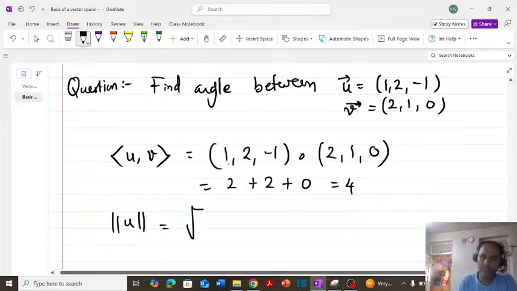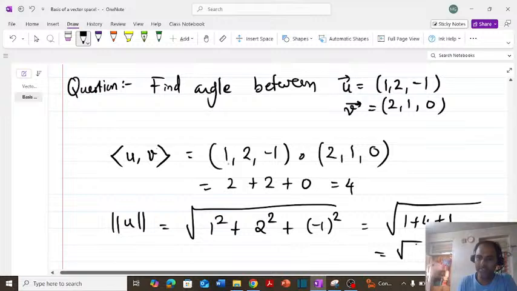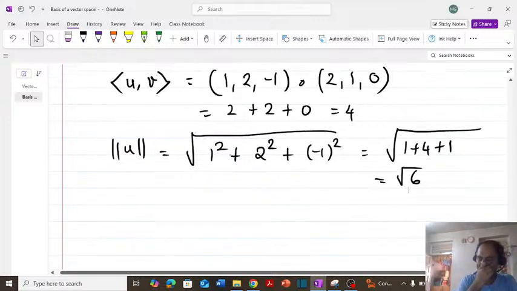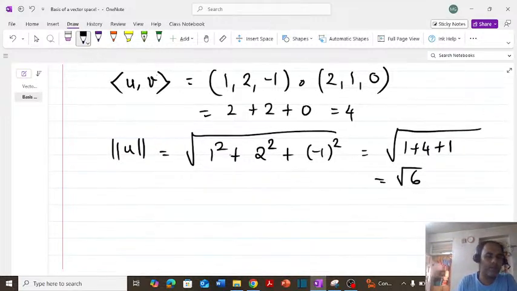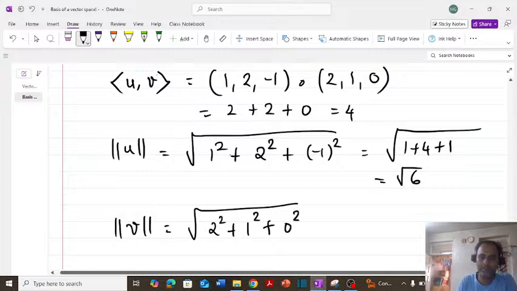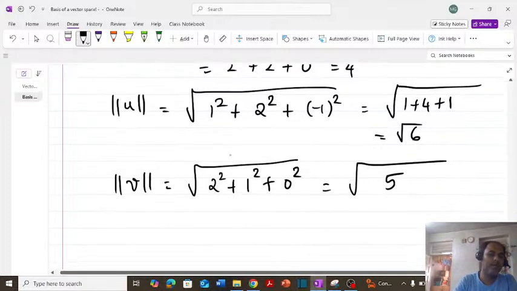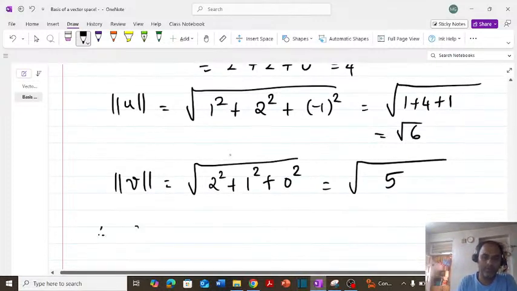Norm u is square root of 1 square, 2 square and minus 1 the whole square. So that is 1 plus 4 plus 1, that is root of 6. Okay, and norm v is going to be 2 square, 1 square and 0 square added, so that is root of 5.